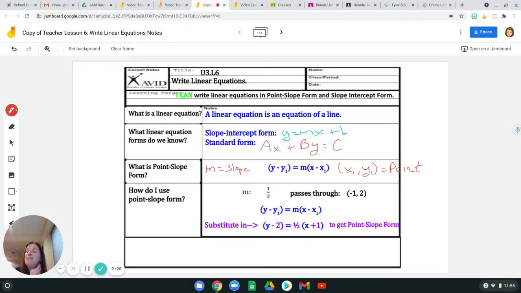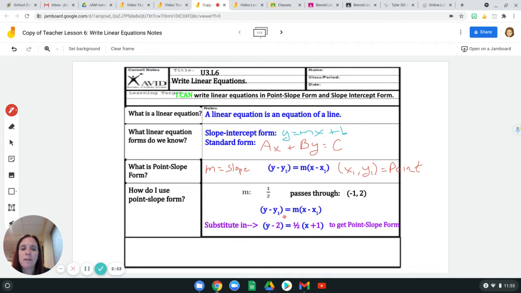Okay, so let's see how we create point slope form when given slope and a point. Slope is 1/2. We're down here in this final box. Slope is 1/2, and the line passes through the point -1, 2. All right, so always start by writing your form out with all the variables because we're just going to substitute in, so that makes it easier to see where you put your pieces.